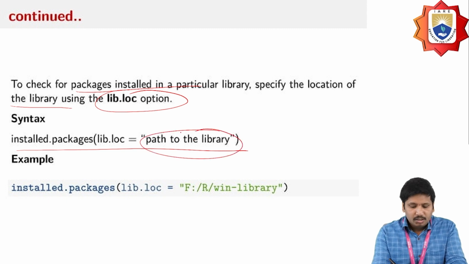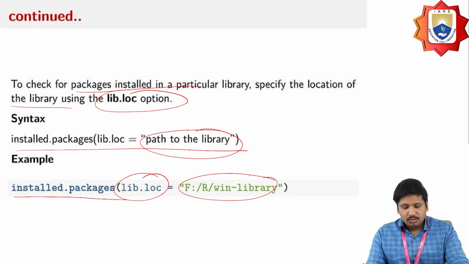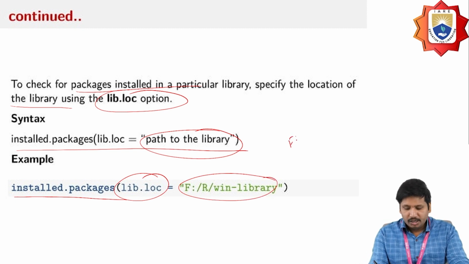Here we specify where the packages are installed. For example, installed.packages with lib.loc: this is the path I have to mention. So the F drive and then a folder; within the R folder I have installed all the libraries that are needed for R programming.